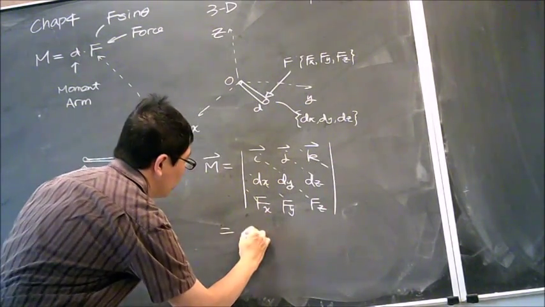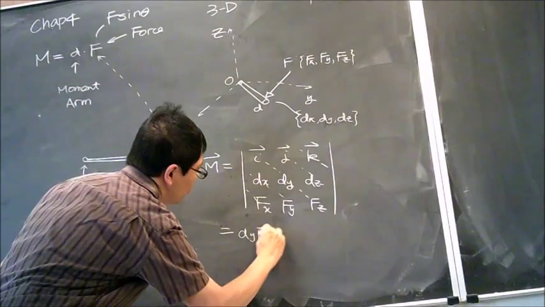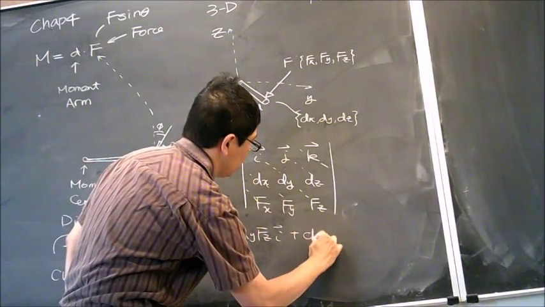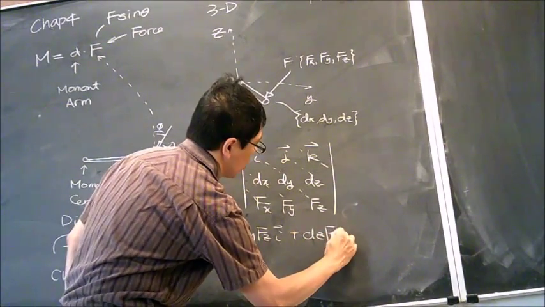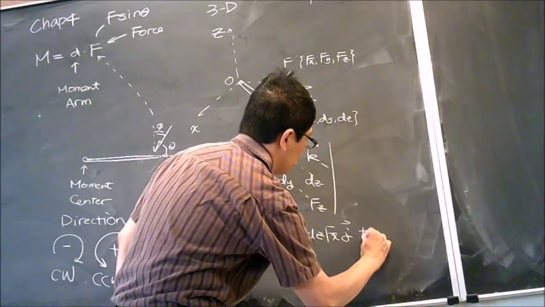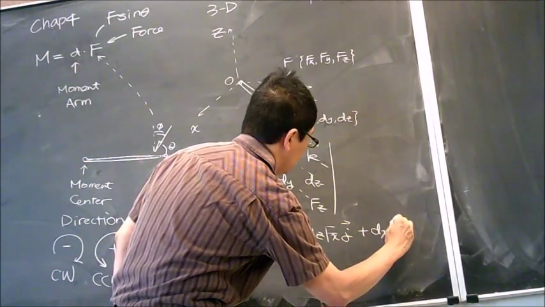So it's going to be dy fz i plus dz fx j plus dx fy k.